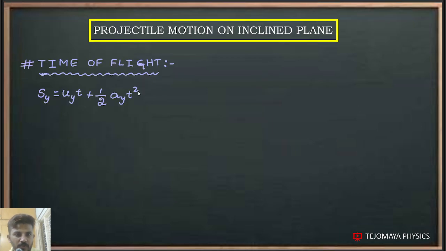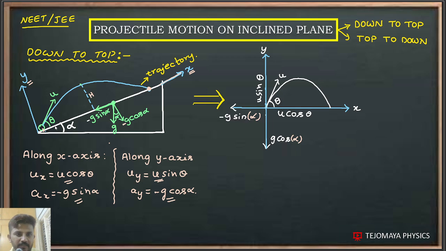It is 0. Correct now? Because it is moving along the x-axis, the displacement along the y-axis from initial point to final point will be 0. Only the x-axis value will be there.